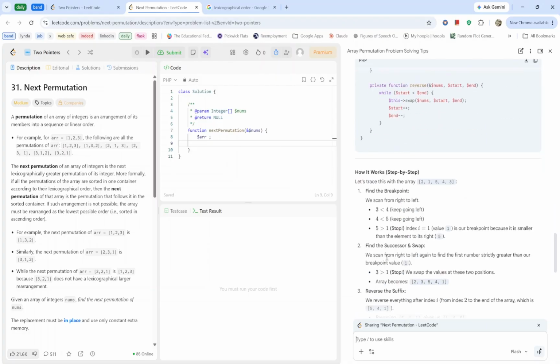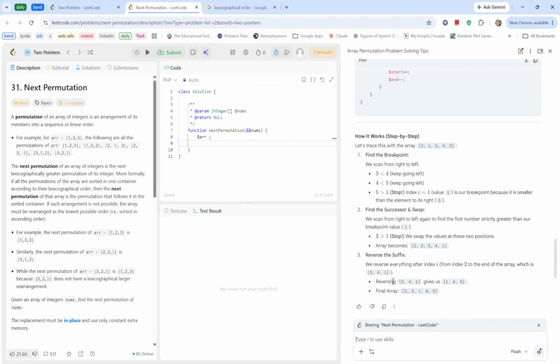Find the successor and swap. We scan from the right to the left to find the first number strictly greater than our breakpoint value, 1. Is 3 greater than 1? Stop. We swap the characters at these two positions. Reverse the suffix.